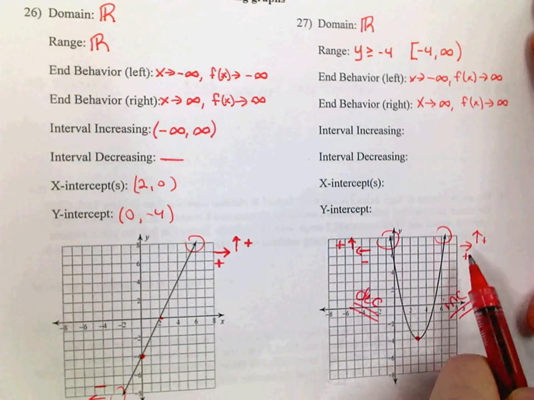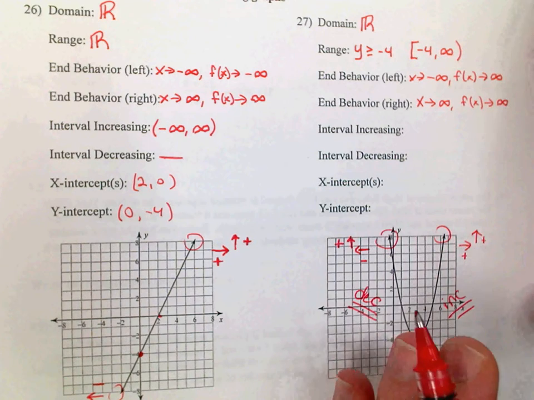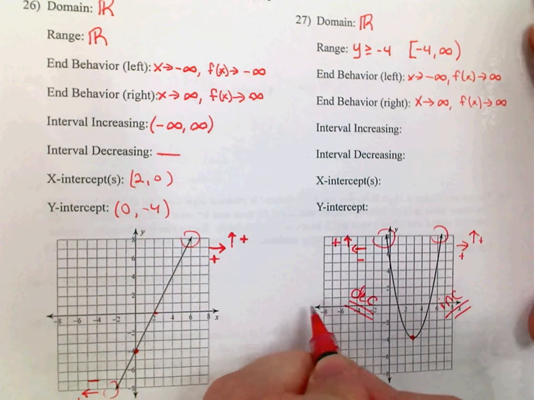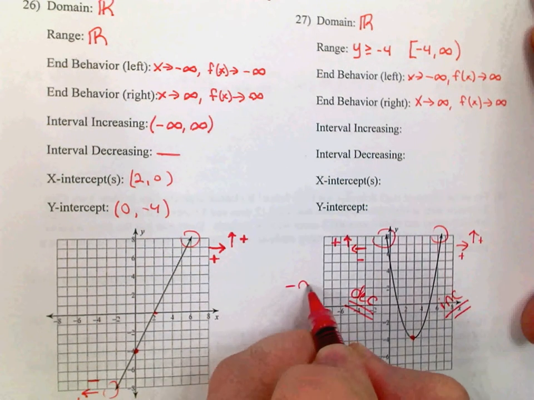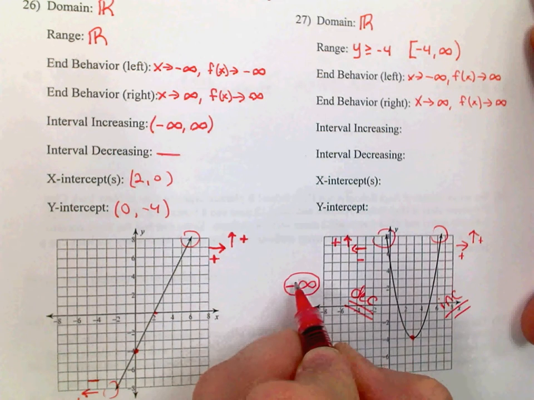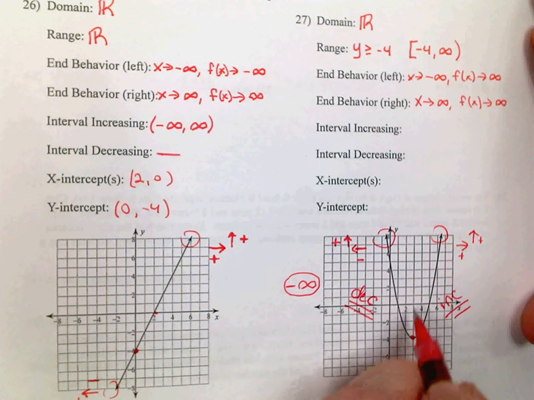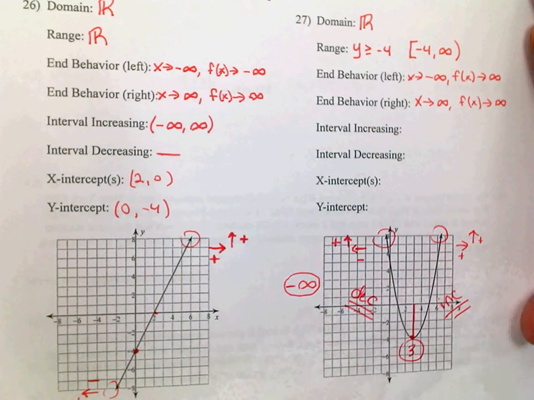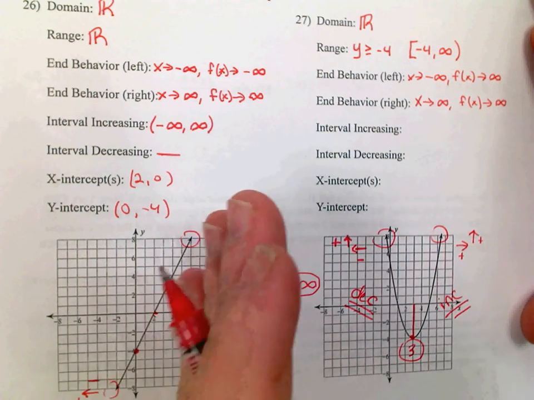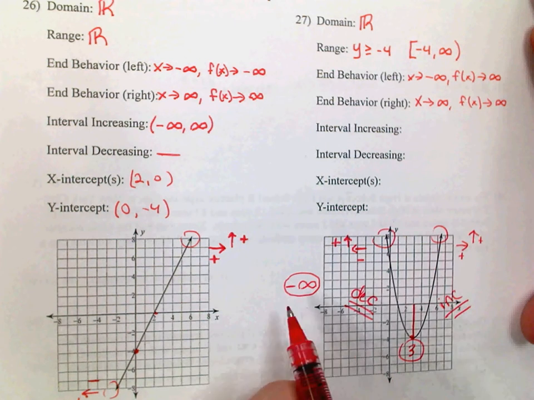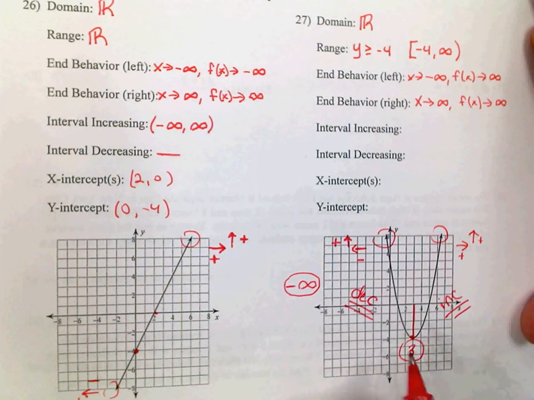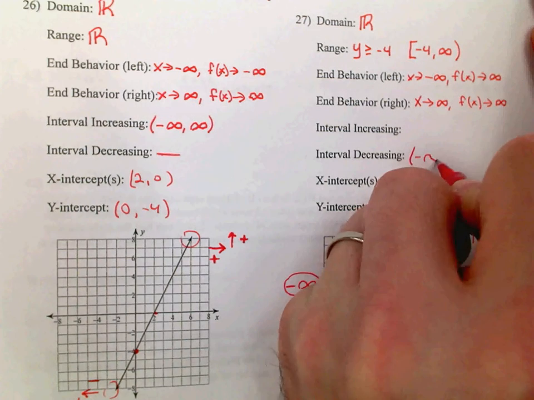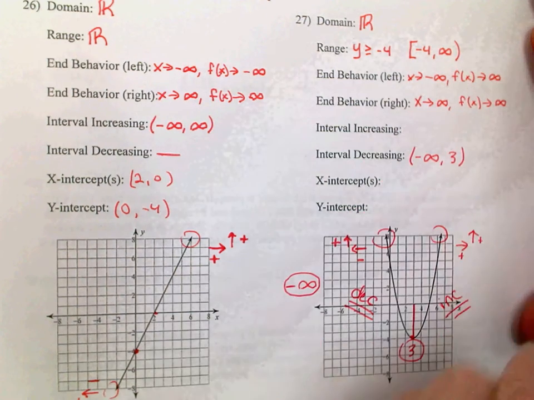The question is, what is the interval? So again, think about a book. The beginning of the book, that'd be negative infinity on a graph, until you get to this turning point, which is located at x is 3. So everything from negative infinity until you get to 3 is decreasing. That would be the beginning of the book until 3. That interval is decreasing.